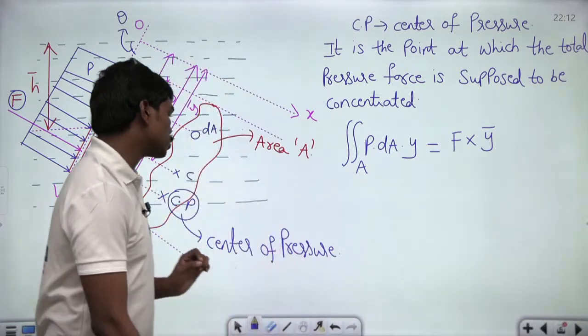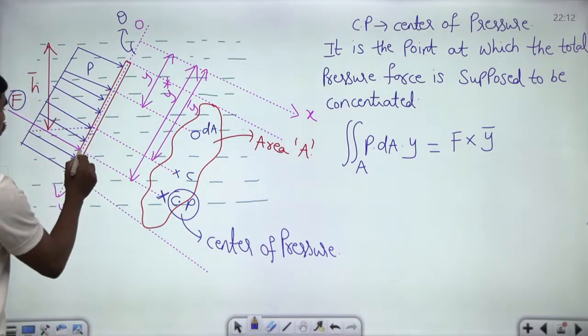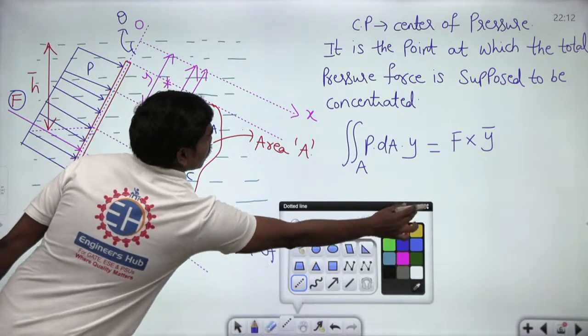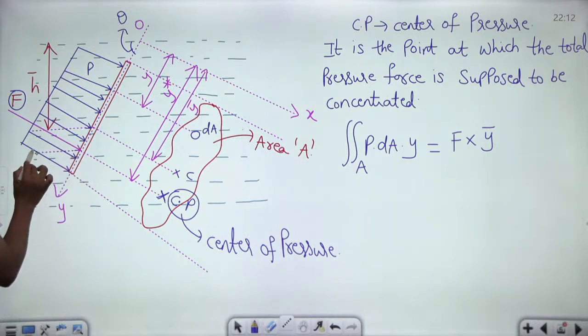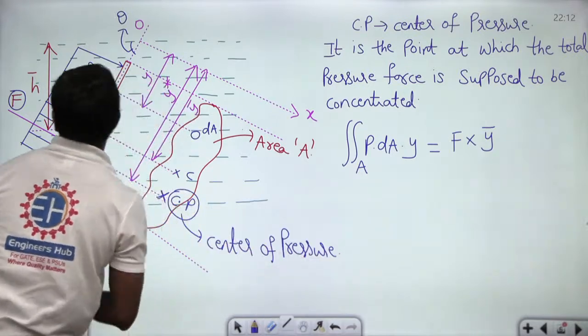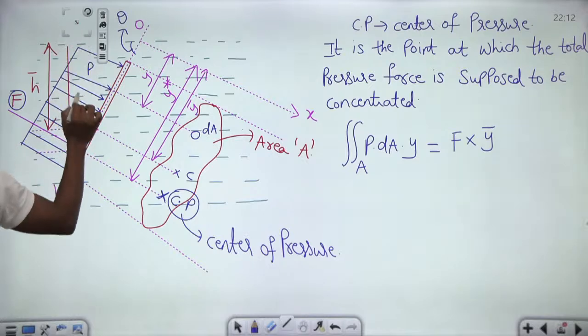My main idea is to show you what this y bar is, or in general y star. If you try to identify this, this will be our H star as well.